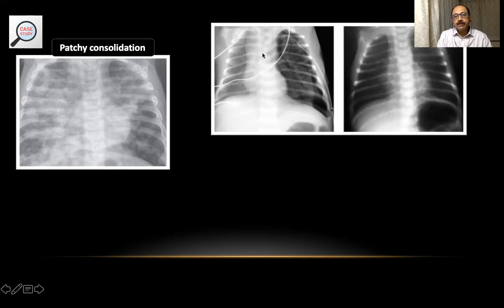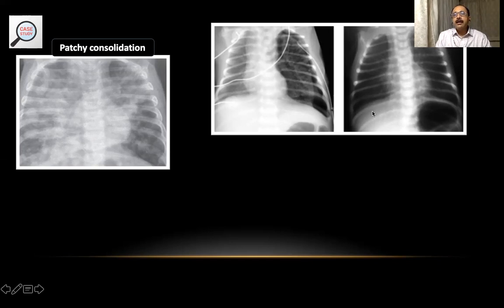Now, all these four features suggest that this is a tension pneumothorax. A tension pneumothorax is a medical emergency. One needs to tap the second intercostal space, or as early as possible put in intercostal drain to reduce the tension pneumothorax.